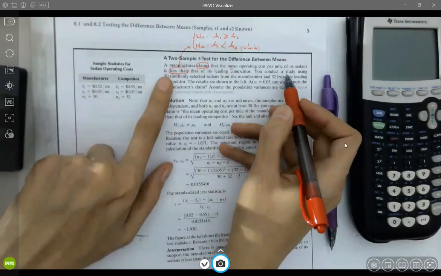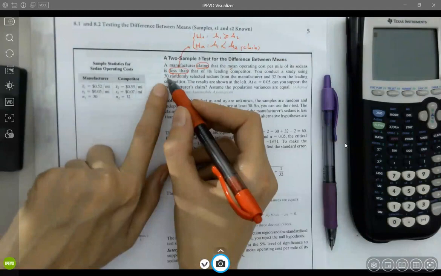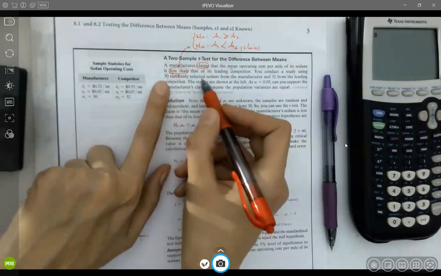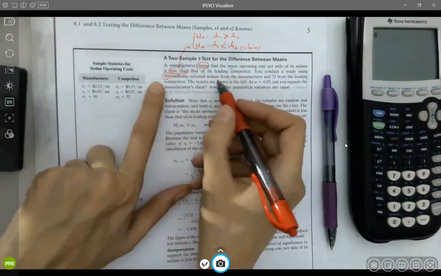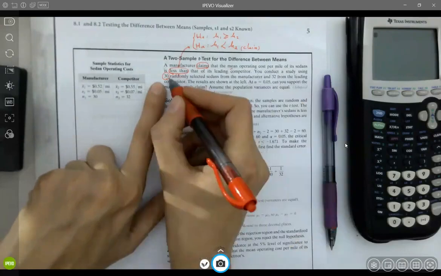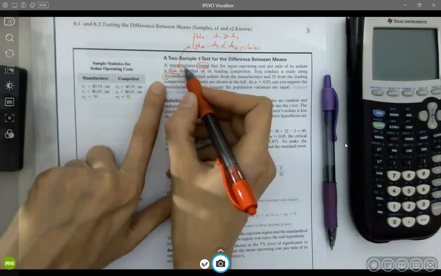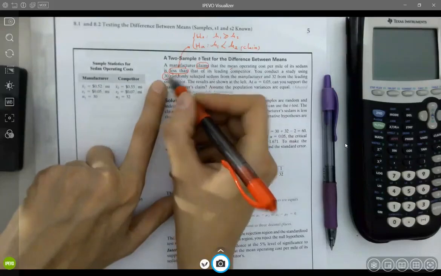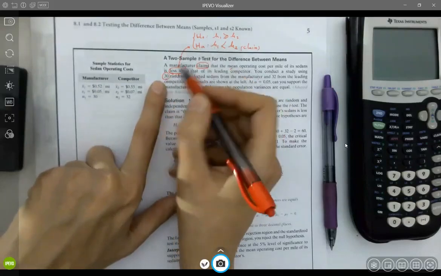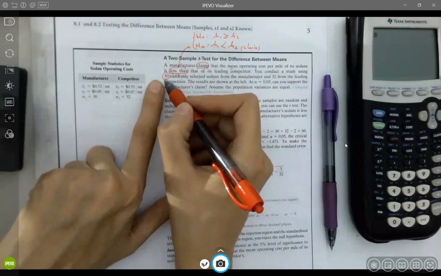You conduct a study using 30 randomly selected sedans from the manufacturer that claims that. So from the first population, you're selecting 30 and forming your first sample.